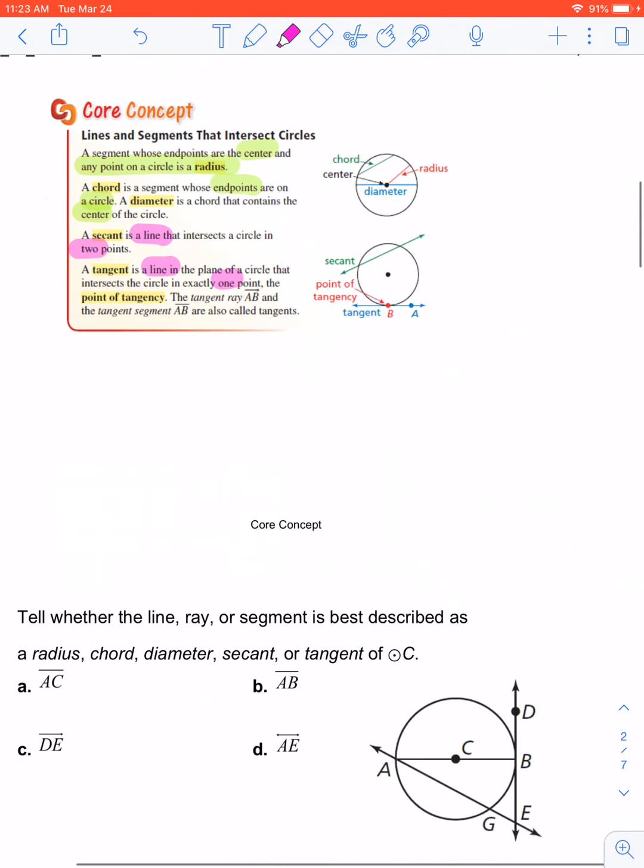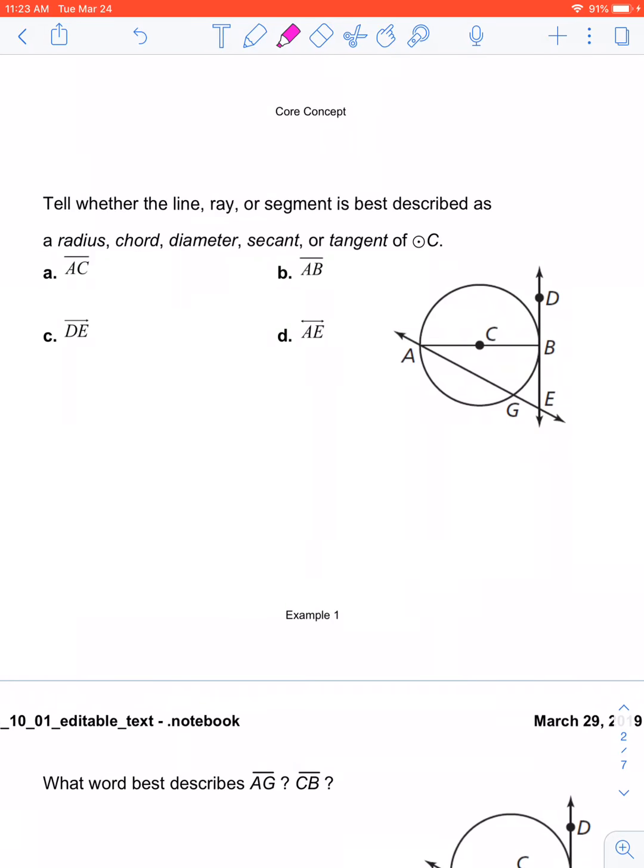All right, so let's answer a couple of homework problems. Tell whether the line, ray, or segment is best described as a radius, chord, diameter, secant, or tangent of circle C. This is how you name a circle: you draw a circle with a dot in the middle, and whatever capital letter comes after it denotes the center of the circle. Okay, let's look at AC.